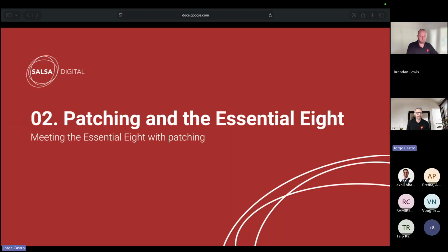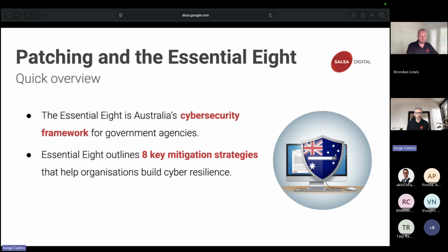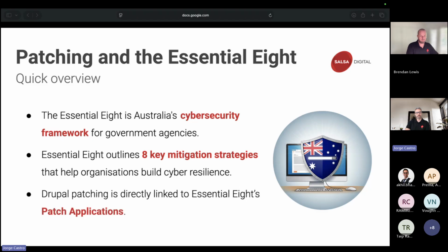So a little bit on patching in the Essential 8. As I said, I'm not going to do a deep dive on this, but touch on a few points. For those of you who are not familiar, the Essential 8 is Australia's foundational cybersecurity framework. It is specifically designed for government agencies, although corporates are very welcome to use it as well. It outlines key mitigation strategies, and I'm going to flash them up on the screen in a second. But as I said, we're covering patching applications.